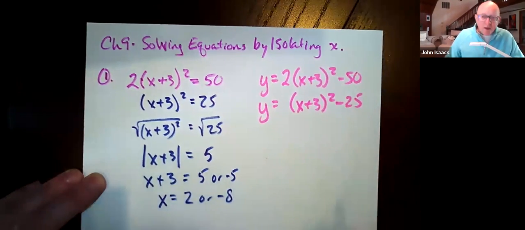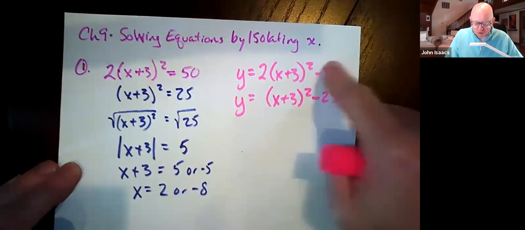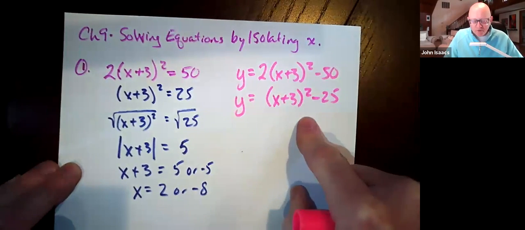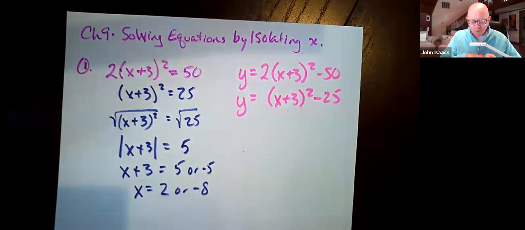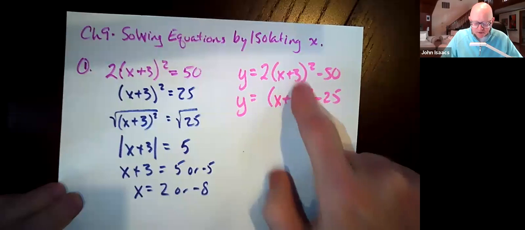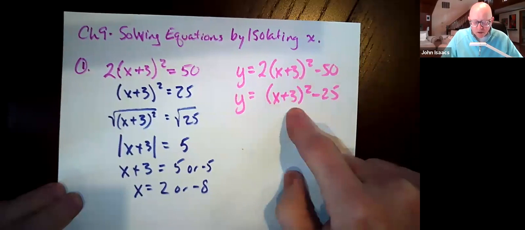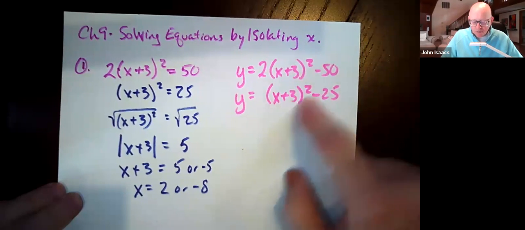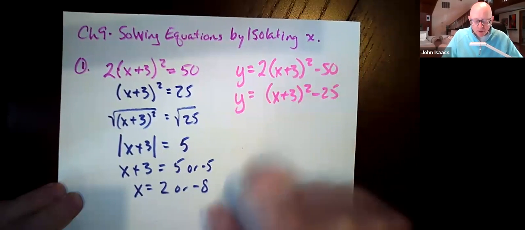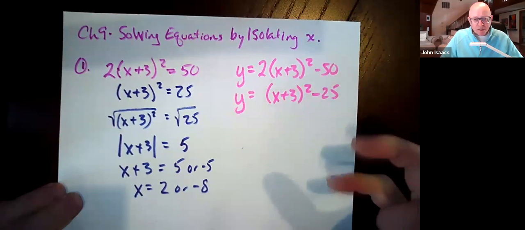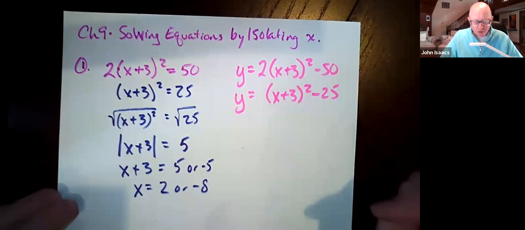All right. Now, these two functions do not form exactly the same graph. They have vertexes with x value negative 3, but their y values are different because this one is steeper. This one has this 2 going on here. It makes it a steeper, narrower, taller parabola, however you want to think of that.